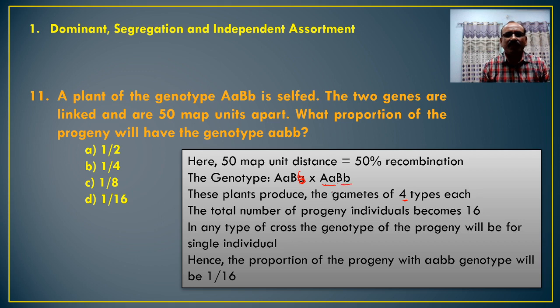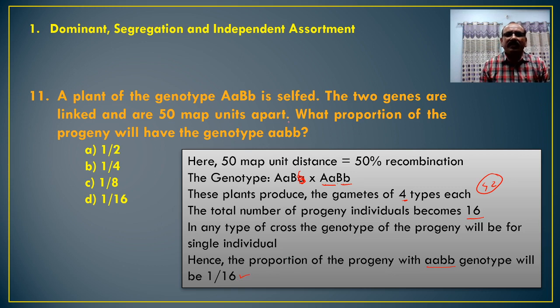The total number of progeny individuals becomes 16, that is 4 squared. Now the proportion of progeny with the genotype small a small a, small b small b will be 1 out of 16.